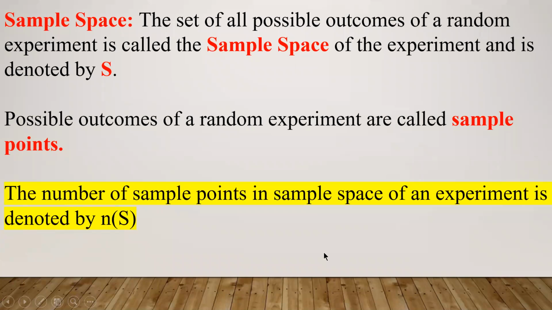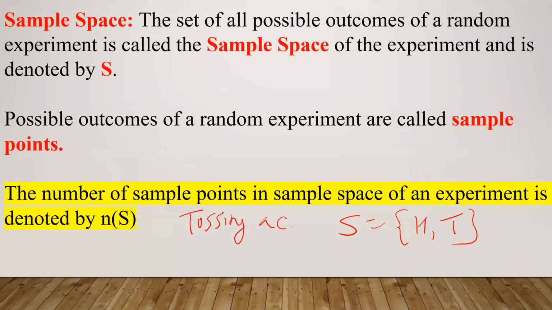For example, if you toss a coin, then what are the possible results? Either it will go in head or in tail. So the sample space of tossing a coin will be S, which contains head and tail.